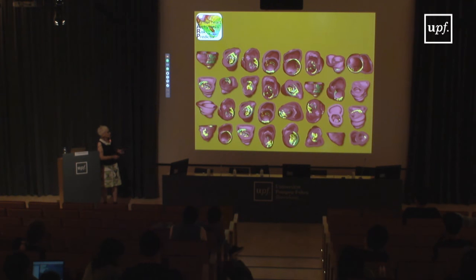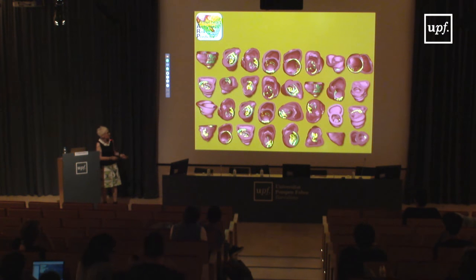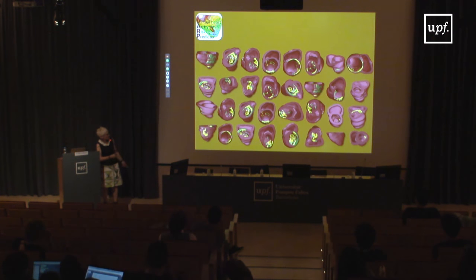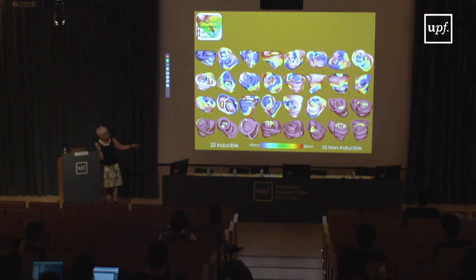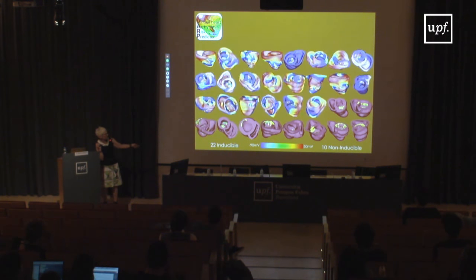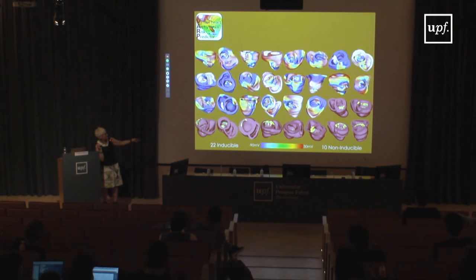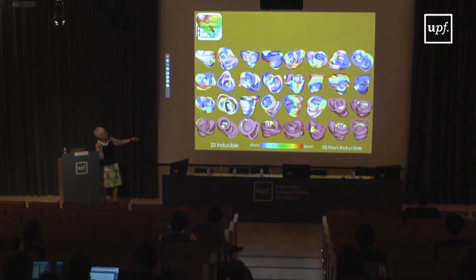So I want to show you here, out of 41, I think I'm showing 22 of the patients. You can see how they have different distributions of the scar, of this gray zone, the green. They're quite different in their shape, etc. Of these patients shown here, we predicted that 32 would have an arrhythmia.